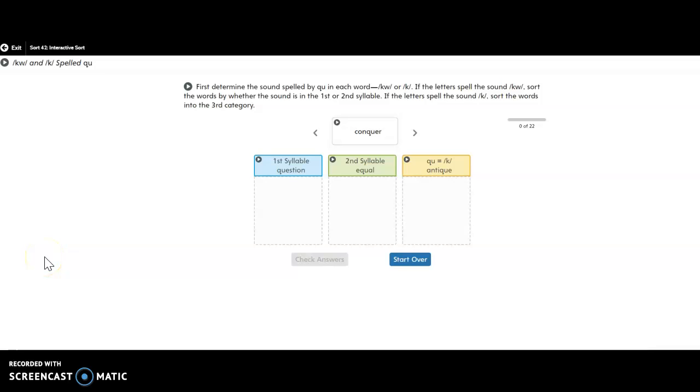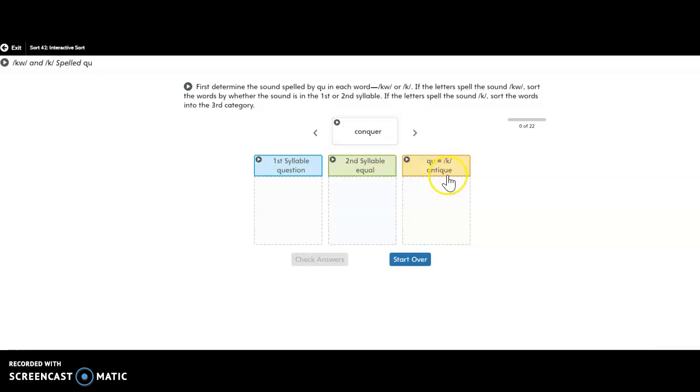All right, so we are going to begin our sort. These are our three headings. We will find words that have the QU in the first syllable, like question. Words that have the QU in the second syllable, like equal.